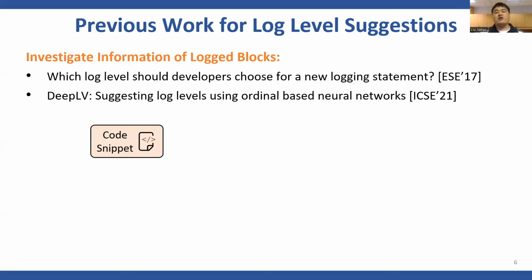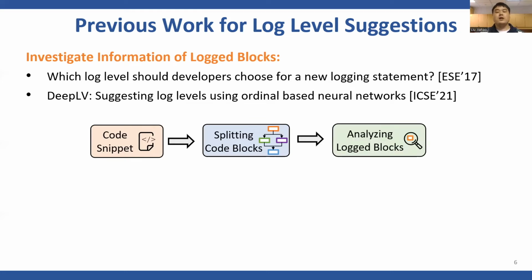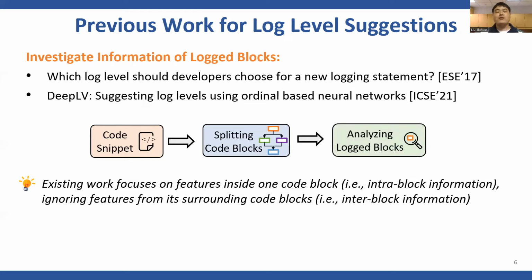These methods share a similar workflow. They first split the code snippet into different code blocks, and then use the information of the logged block to predict log levels. Furthermore, we find existing work focuses on features inside one code block and ignores information from its surrounding code blocks.